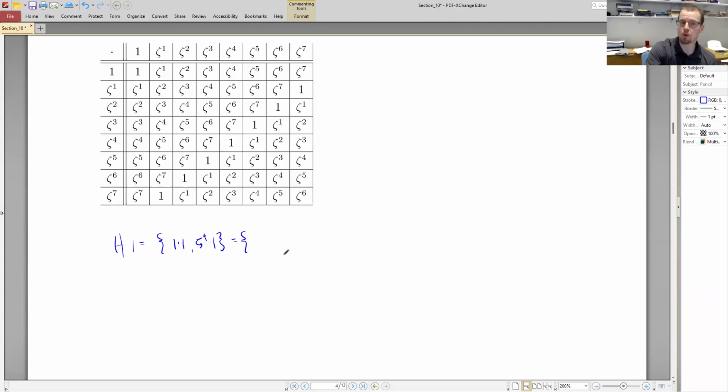And of course, multiplying by 1 doesn't change anything, but I wanted to emphasize the definition here where we are multiplying on the right. The roots of unity are a commutative group, so it doesn't really matter what's going on in terms of writing it on the left or right. But for other groups, it will matter, non-commutative groups.